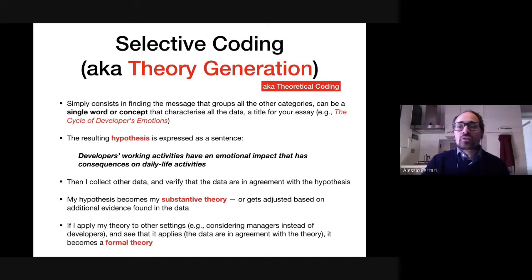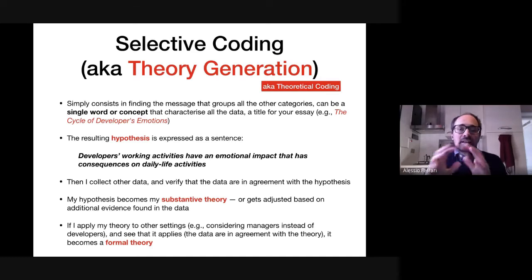Finally, you have selective coding, also called theoretical coding. It is theory generation. Basically, these are the names that I used. This consists in finding the message that groups all the other categories, and this can be a single word or a concept that categorizes all the data, and is basically the title of your article. For example, in relation to our very small example, our article can be titled "The Cycle of Developers' Emotion."